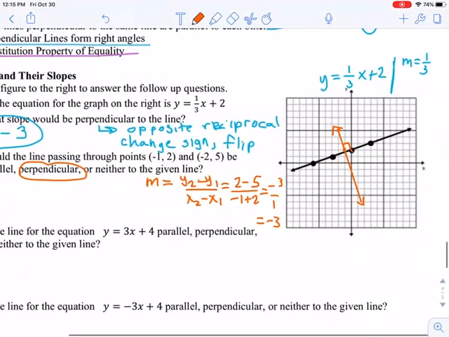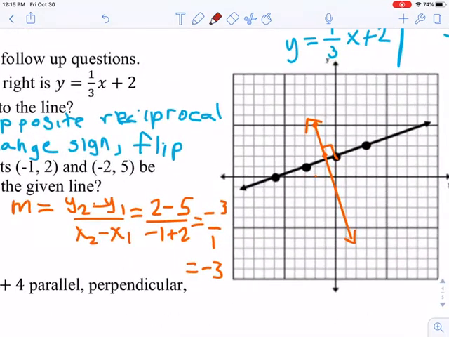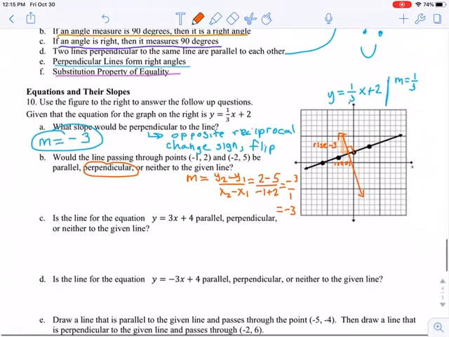Coordinate geometry, computer animation uses this stuff all the time. Furthermore, you would just count the slope from here: down 3, right 1. The rise is -3, the run is 1. So you can graph it and count the slope. That's probably what I would do, but don't forget about the slope formula.